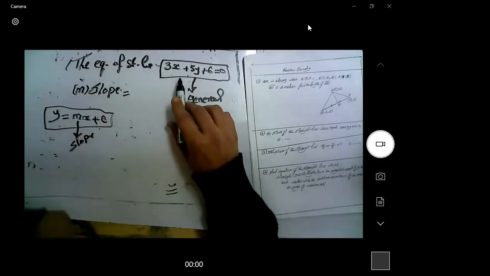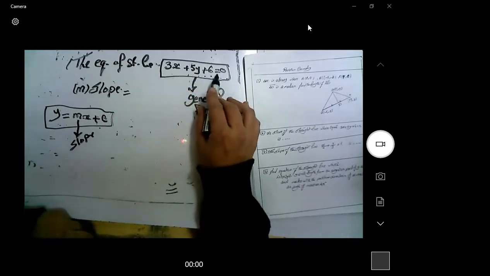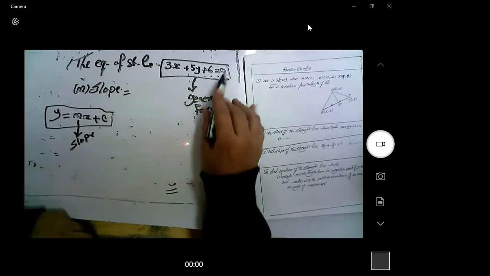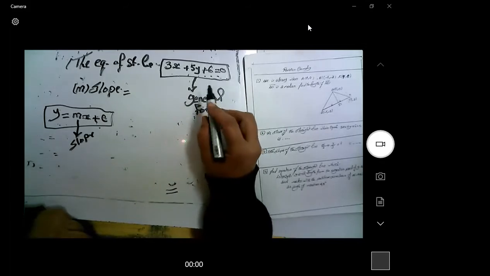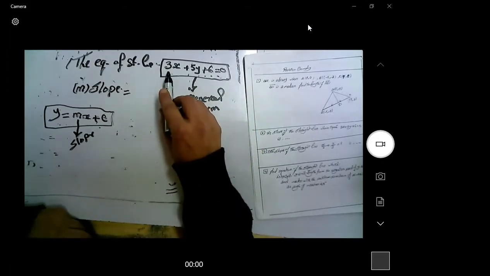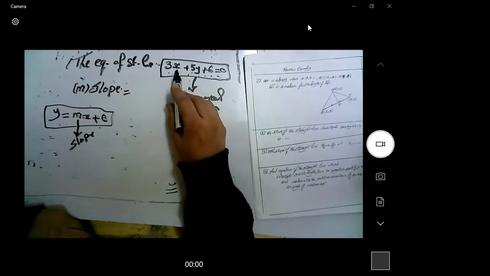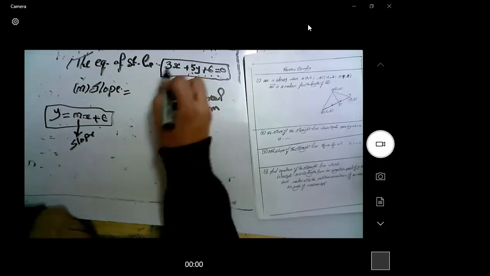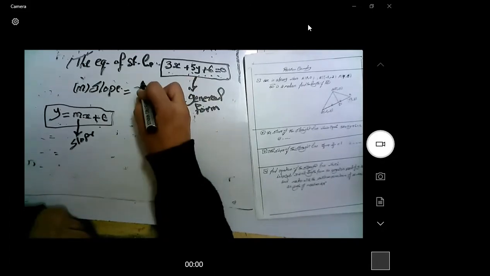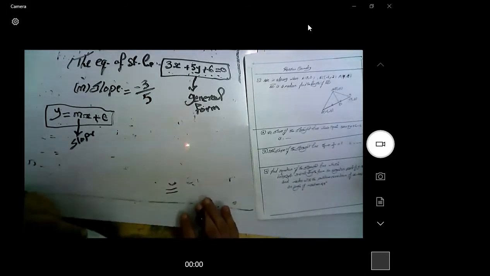But if the equation of the straight line is in the general form, 3x plus 5y plus 6 equals 0, where the right-hand side equals 0, the slope of the straight line is negative coefficient of x over coefficient of y. Then the coefficient of x is 3, the coefficient of y is 5. The slope equals negative coefficient of x, 3, over coefficient of y, which is 5. Then the slope of the straight line is negative 3 over 5.